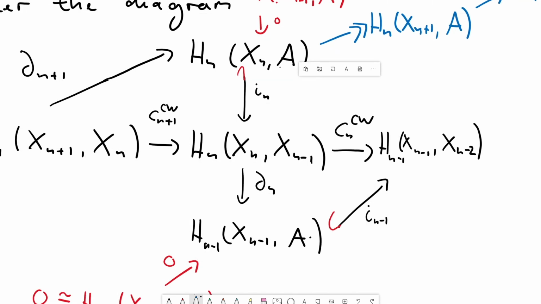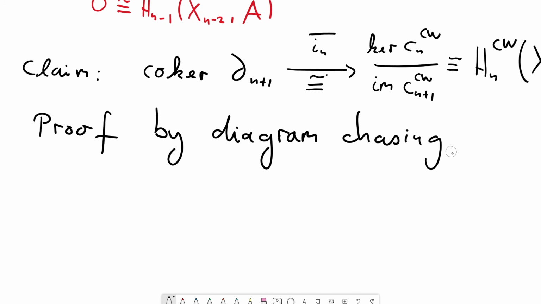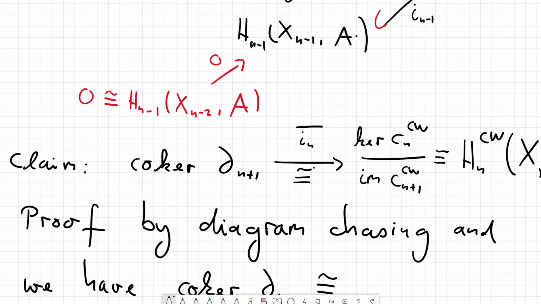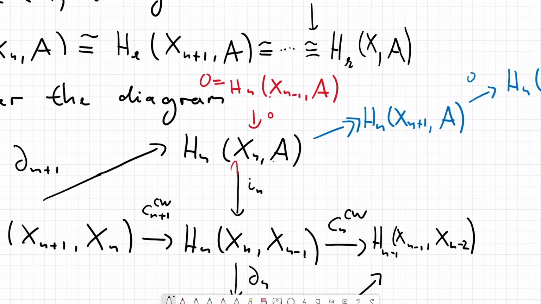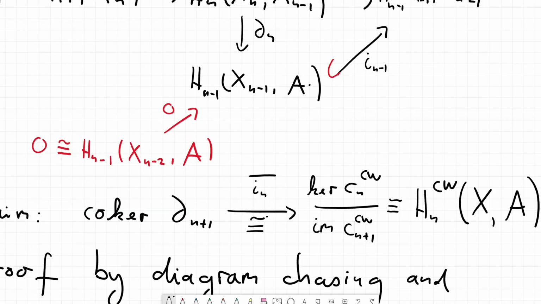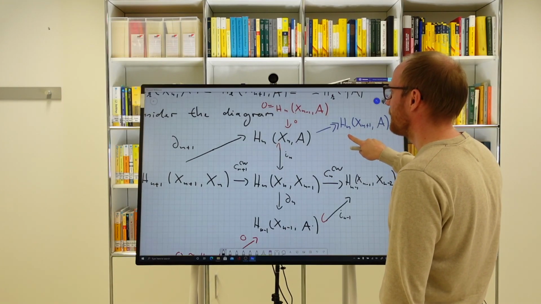So let's put this down. Proof by diagram chasing: we have the co-kernel of dn plus 1 is isomorphic to this object here, that's the nth homology of the n plus 1 skeleton relative A. And now we use the second isomorphism we concluded as a preparation up here.